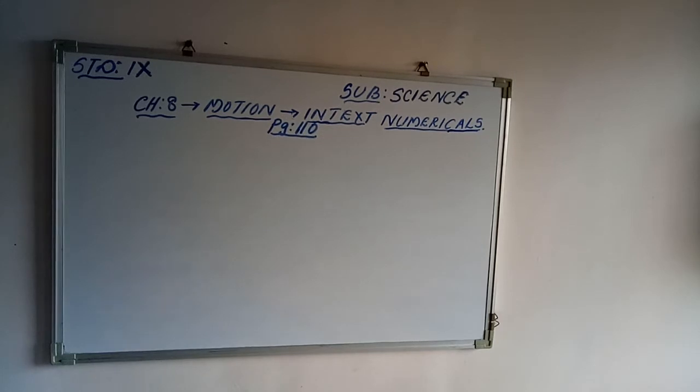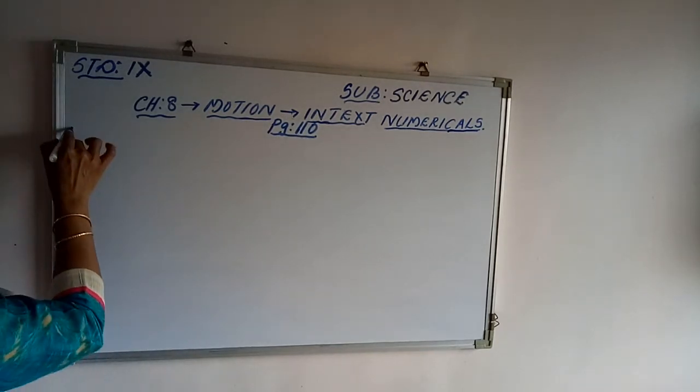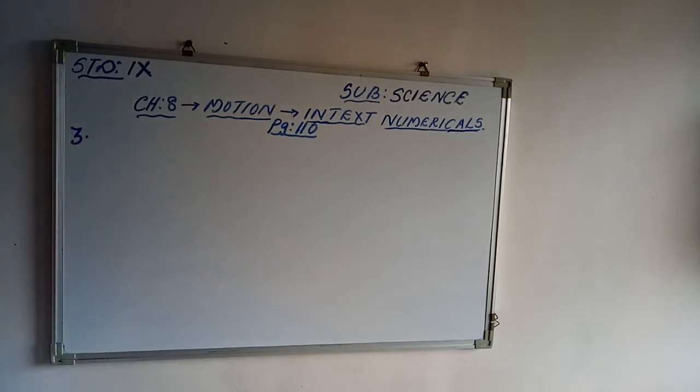Now the third question in page 110 only. Third question. A trolley while going down an inclined plane has an acceleration of 2 cm per second square. What will be its velocity 3 seconds after the start? So what is the initial velocity given? So as it is starting, isn't it?